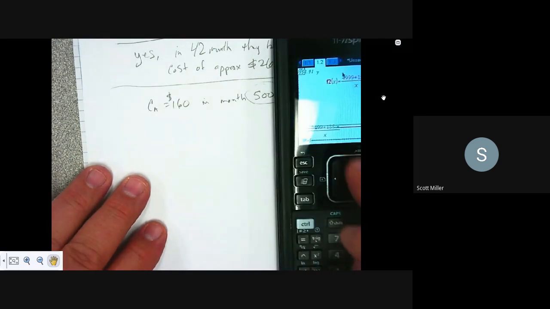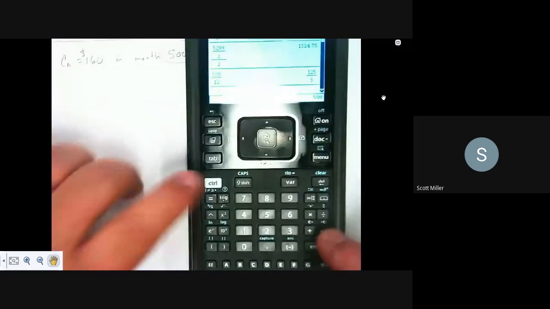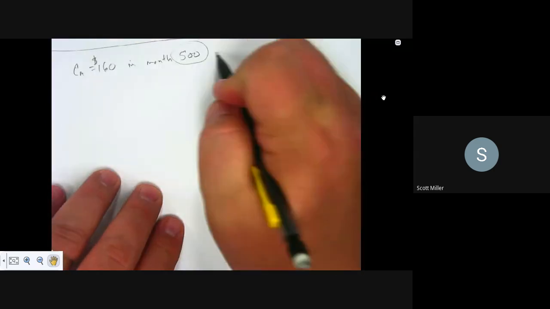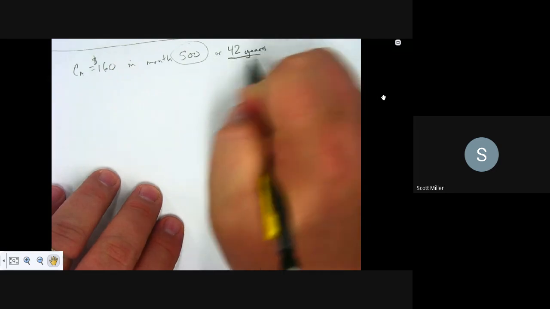Take 500 and divide it by 12, because there are 12 months in a year. What you're going to find is it's basically 42 years. Is that a reasonable answer?